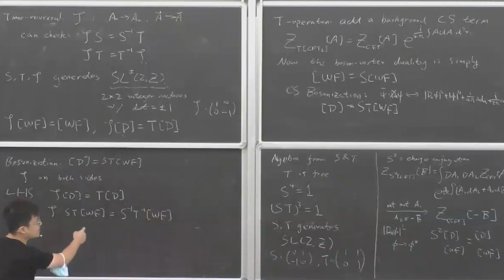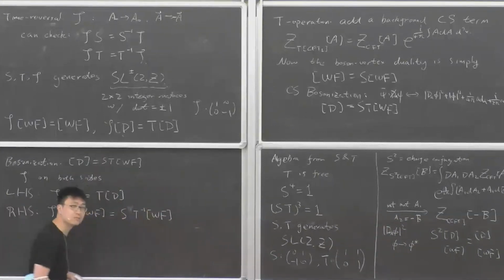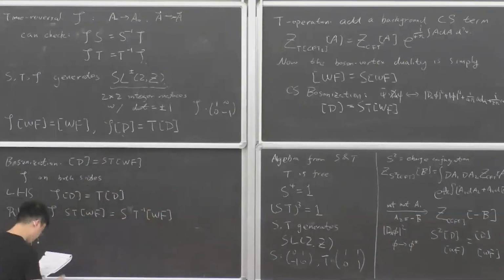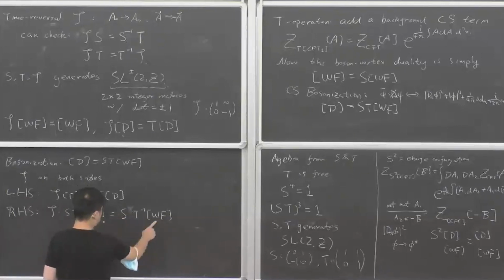But as I said, since S squared acts quite trivially on all these theories, let me not worry about the S inverse. It's just S. And then let's now use the boson-vortex duality.